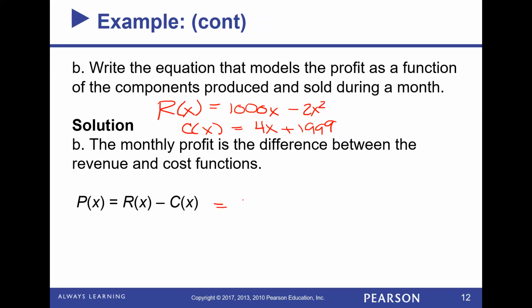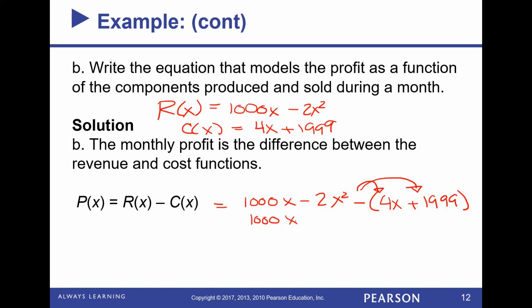Okay, so this gives me 1000x minus 2x squared minus, and be super positive about the one that comes after the minus sign. It has to have this set of parentheses around it, because we have to remember to distribute the minus sign on through, which gives me 1000x minus 2x squared minus 4x minus 1999.